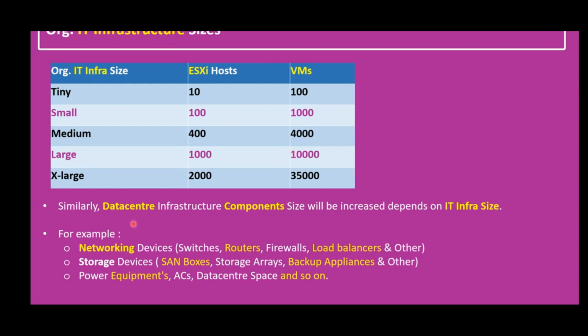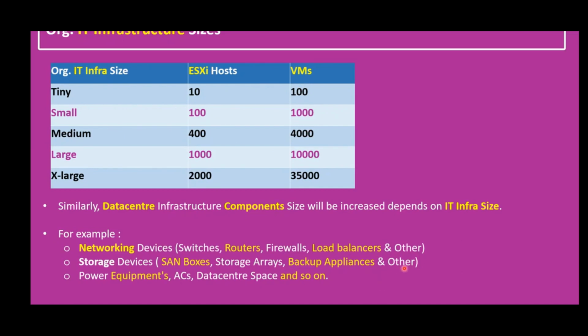Similarly, data center infrastructure component size will increase depending on IT infrastructure size. So if your infrastructure size is increased, similarly network devices, switches, routers, firewalls, load balancers, and other network devices will also increase. I gave an example for vSphere infrastructure, and storage devices also, like SAN boxes, storage arrays, and backup appliances. We also need to take all our virtual machine backups. To store all our virtual machine backup data, we require a backup appliance along with storage arrays.